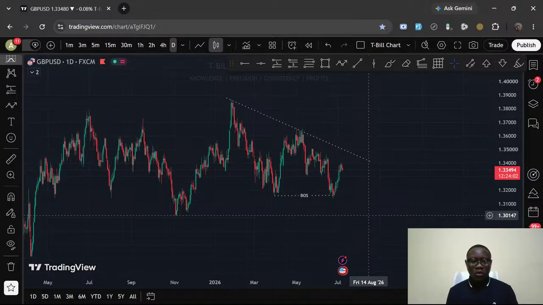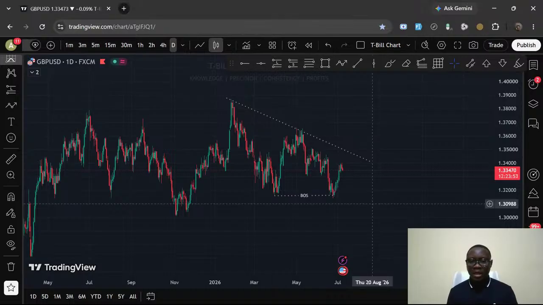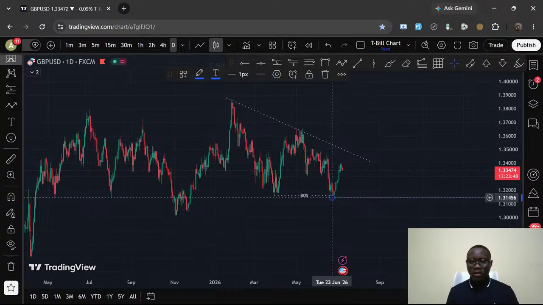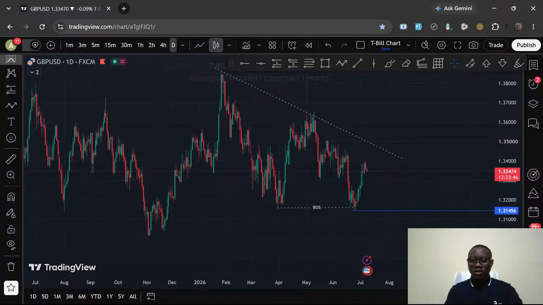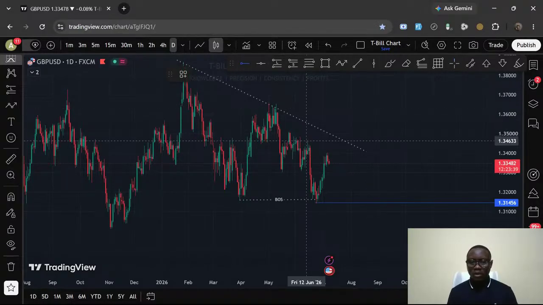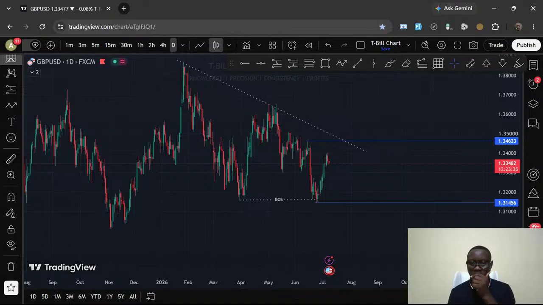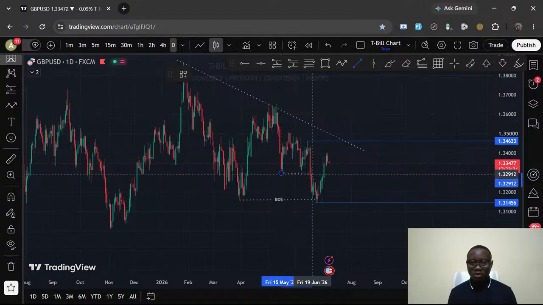Let's look out for external liquidity. We have this sell-side liquidity right here, and we have our buy-side liquidity right here. Now we got this break of structure as well to the downside.